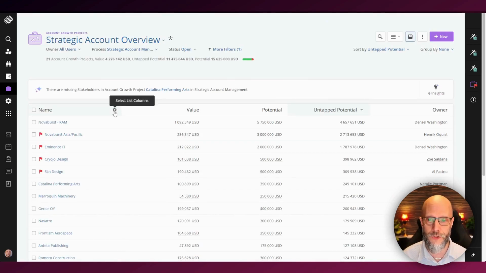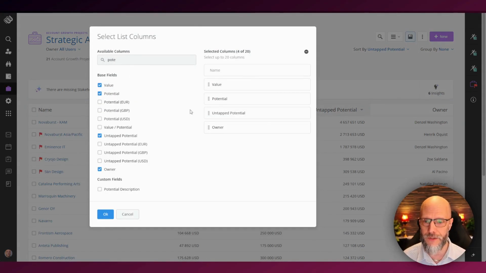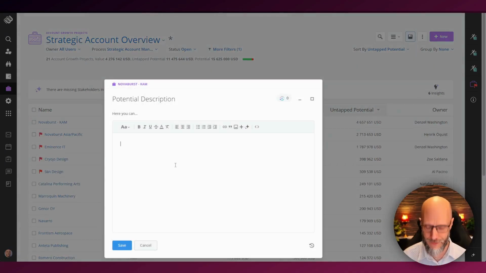And here in this view, what you can now do is I'll search for it to easily find it, this new field, potential description. And I'll add that, let's say, just to the leftmost column and say, Novaburst can grow by 30% bananas if we're selling fruit, 50% pears, some consultancy hours as well, 3 million euros, dollars, or something along those lines.